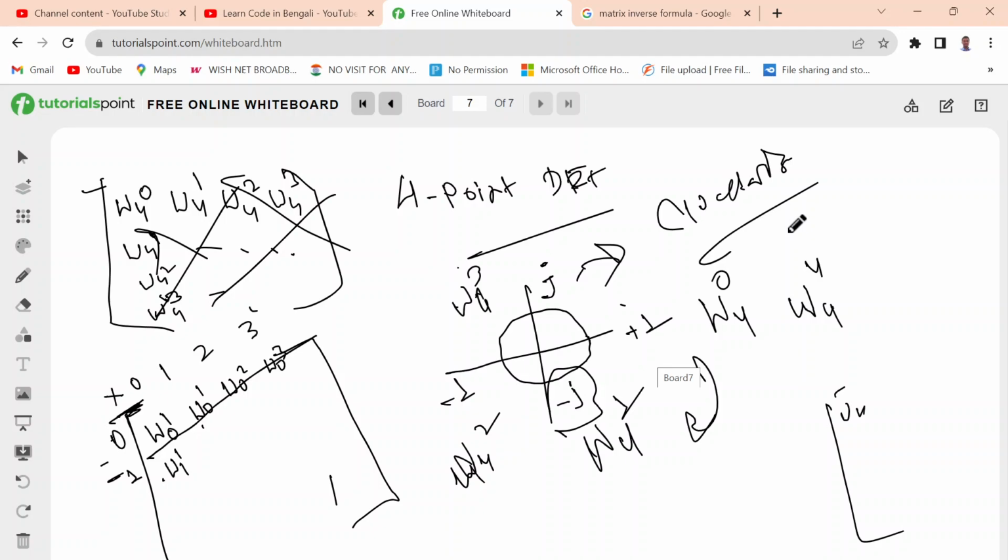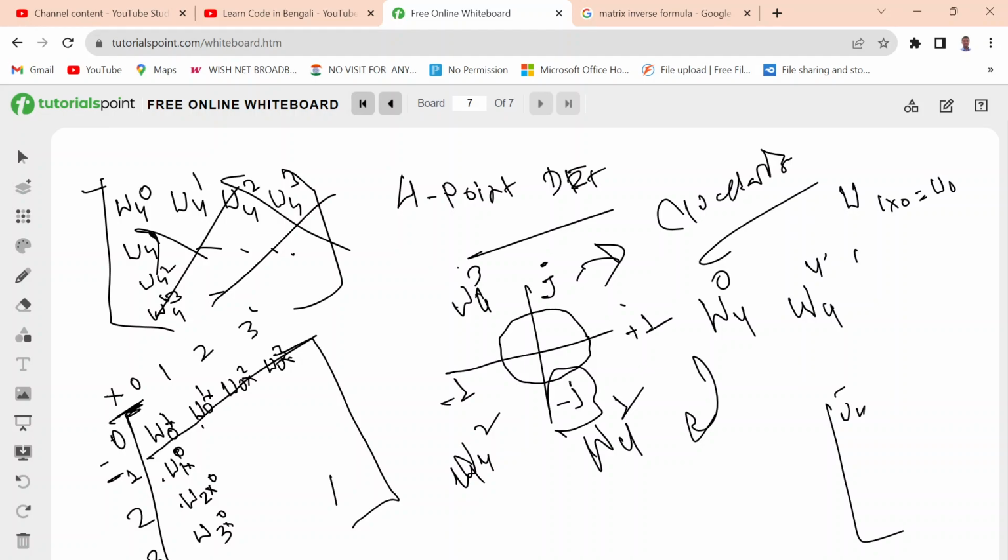So what is the omega 1 value? First axis is 0, this is 1, this is 2, this is 3. So 0 means you will put that 0 because you will multiply it. If you multiply 1 into 0, it will be 0.